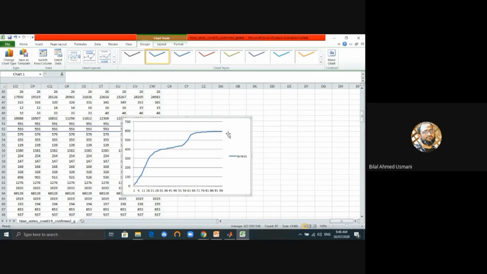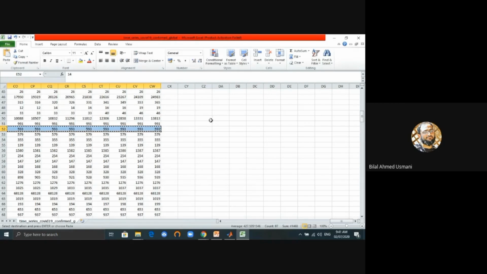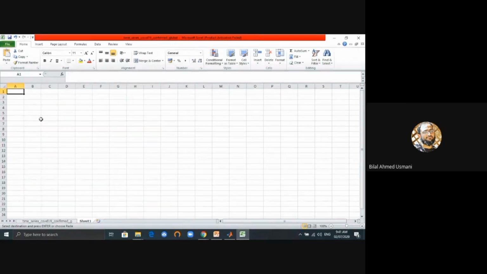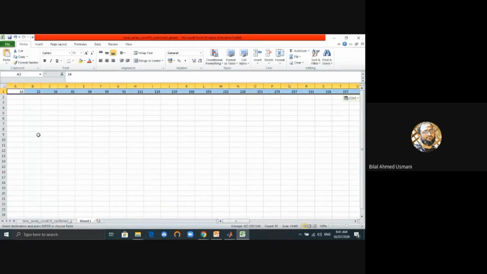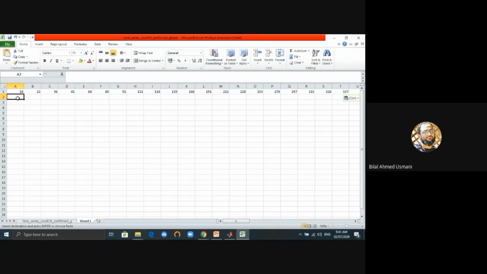How can we do it? Just copy it. If I paste it over here, the sum is 41468. So if I divide every number by the sum of the column, A1 to the end, I will get the probability distribution.